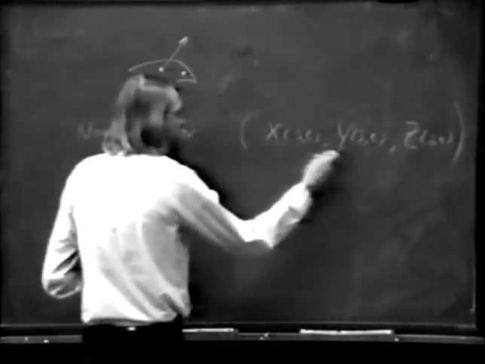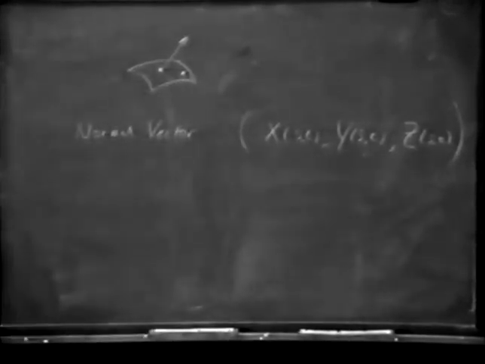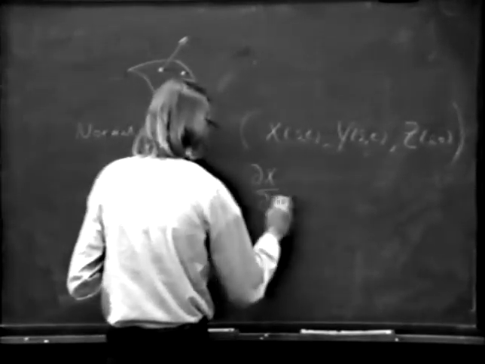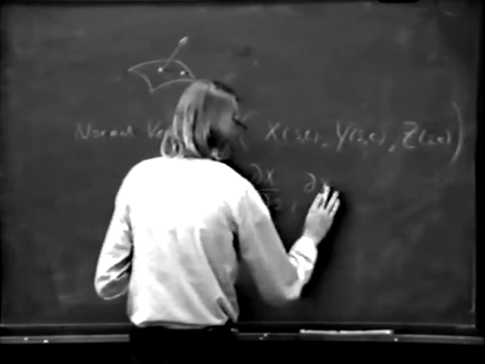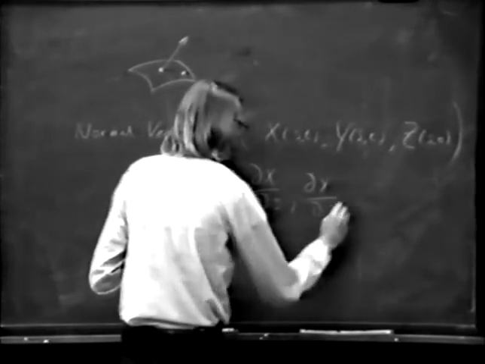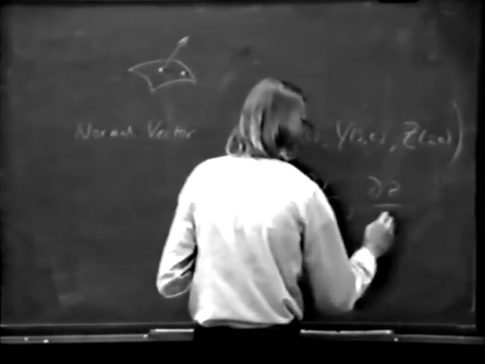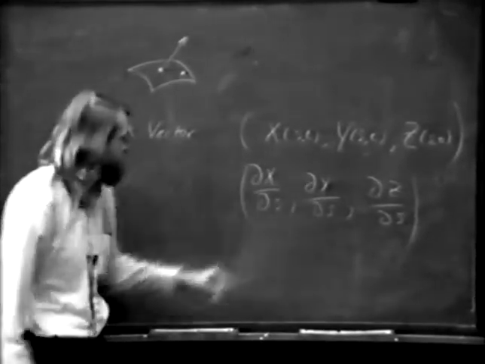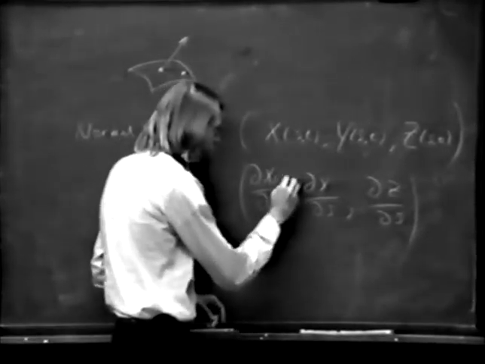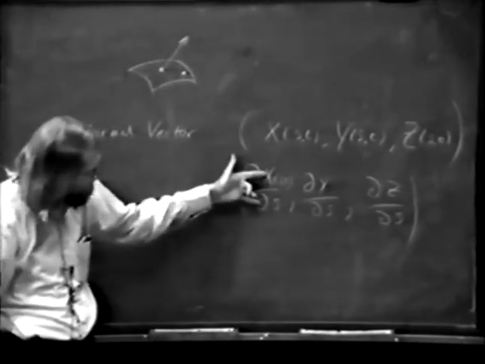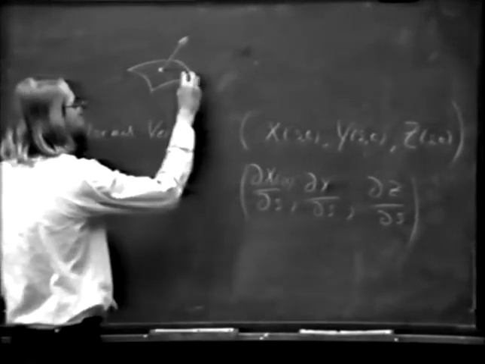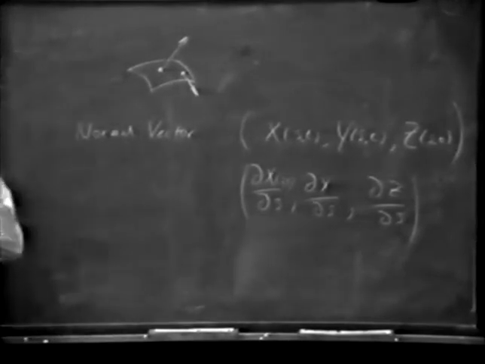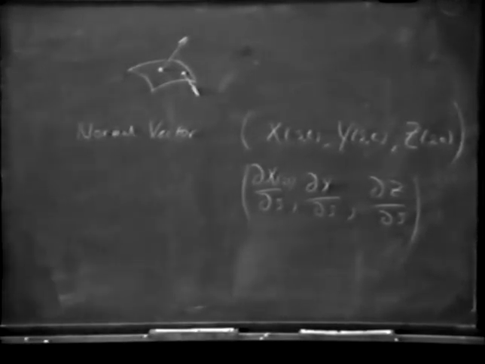If we take the partial derivative of each of these things with respect to s, and evaluate it at the same s and t value, these partial derivatives are still functions of s and t, that's going to give us a little vector that's tangent to the surface in the s parametric direction.